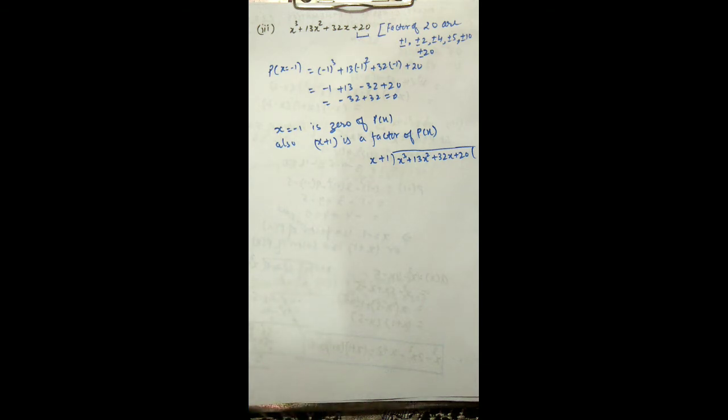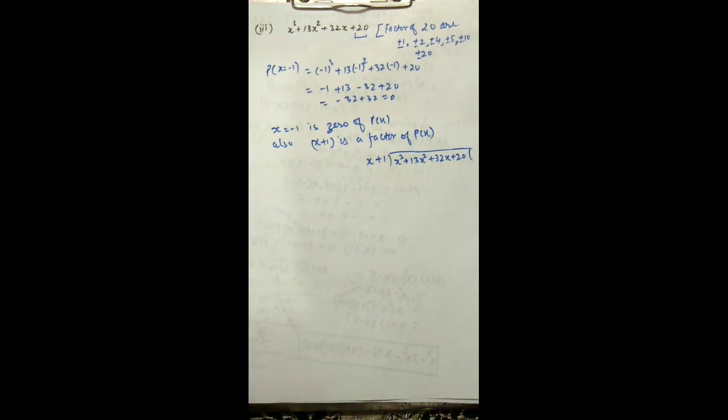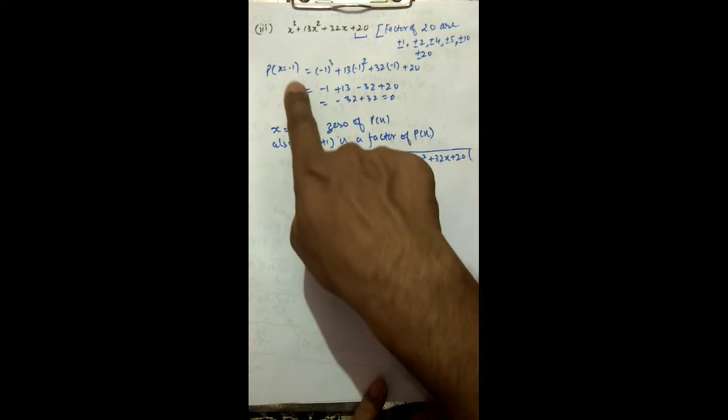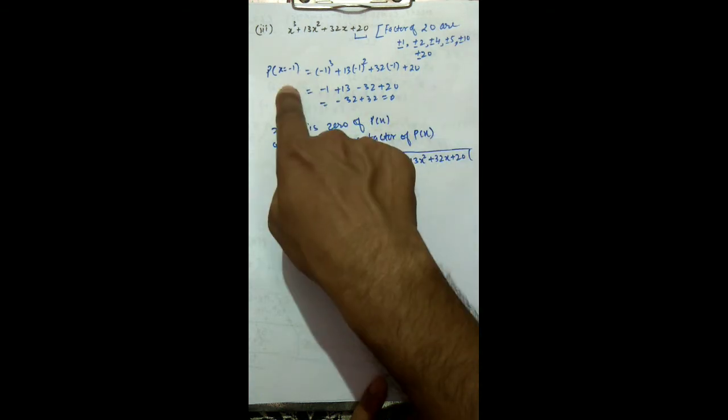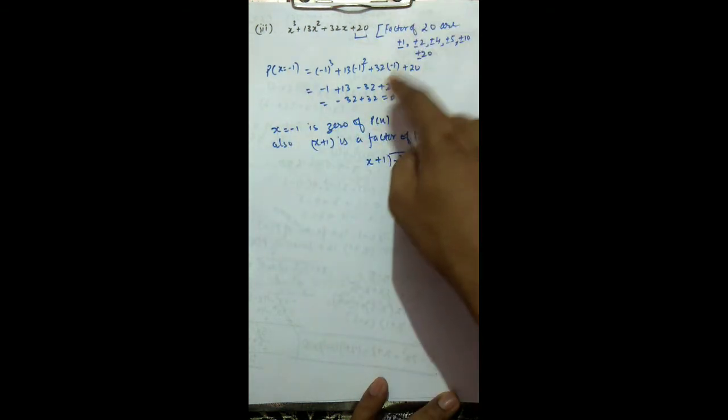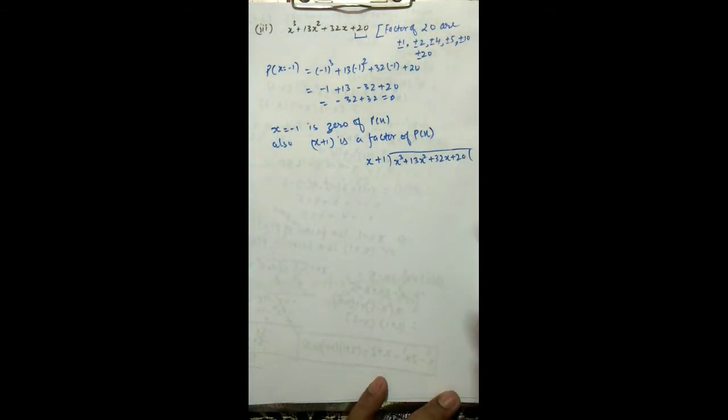And why I'm saying this, you do long division, because ultimately you will get factors out of these numbers. You can see 1 2 3 4 5 6, there are total 12 numbers. If I use factor theorem, then I have to check for every factor. So 1, minus 1, 2, minus 2, 4, minus 4, 5, minus 5, 10, minus 10 and 20, minus 20.